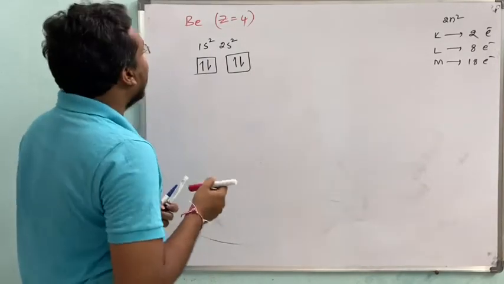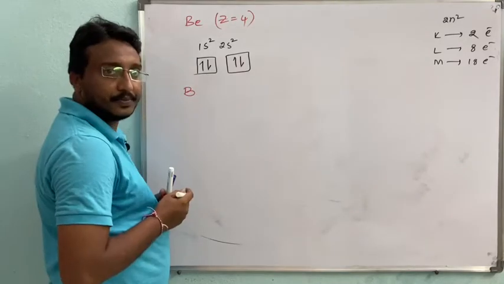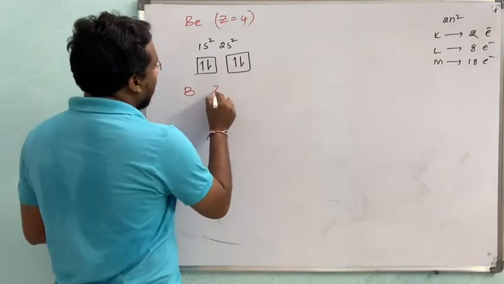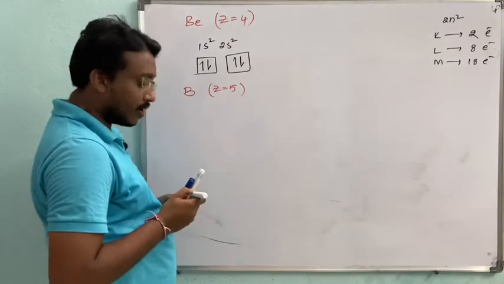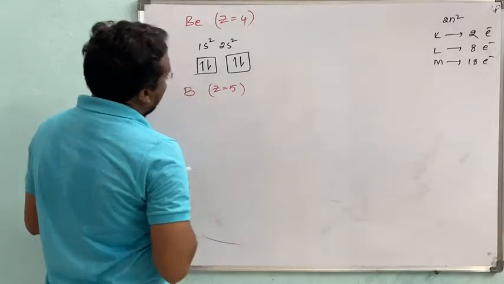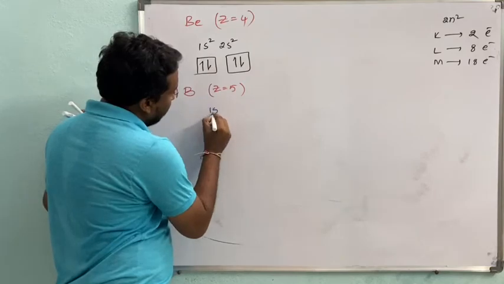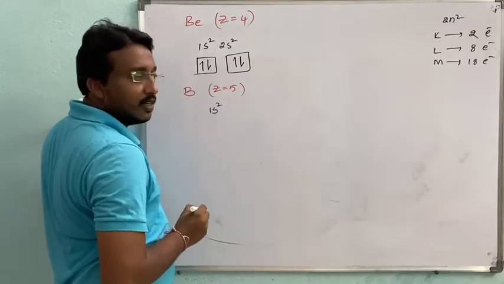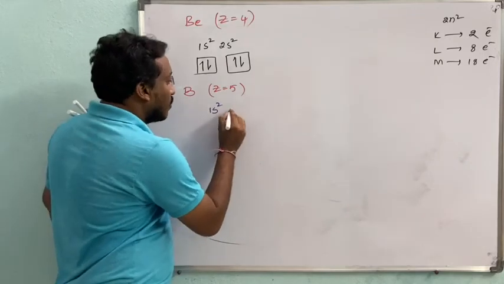Next, boron. Boron's atomic number is 5. Then its electronic configuration: 1s2. Still we have 3 electrons, as already 2 electrons are filled. Next, 2s2.